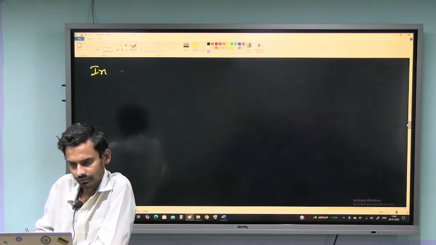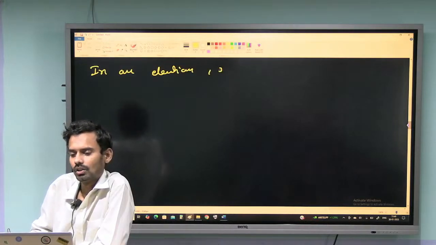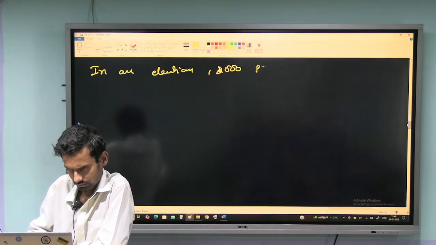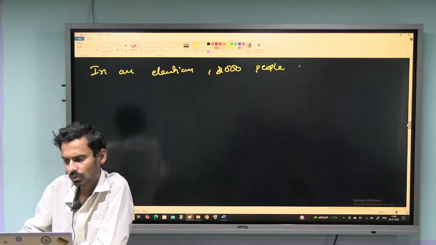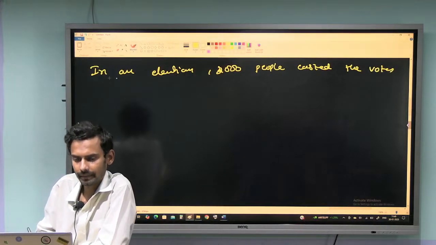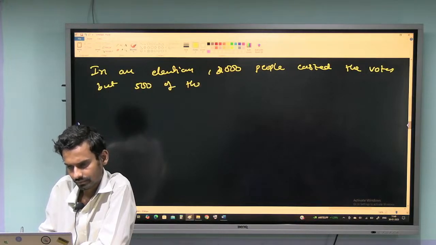In an election, 3,000 people cast their vote, but 500 of them were invalid.